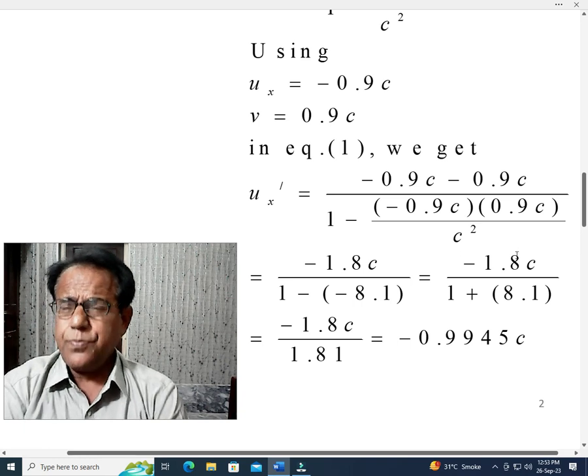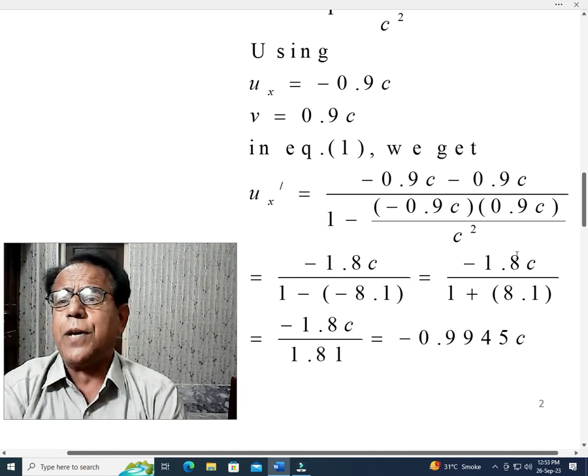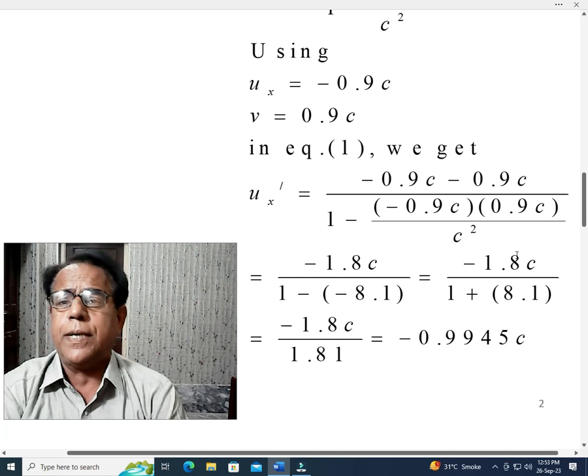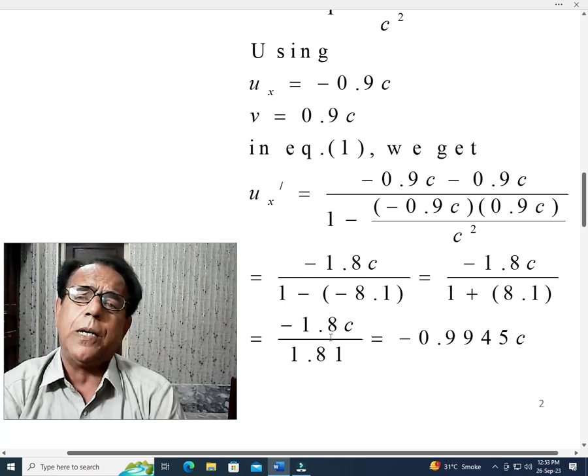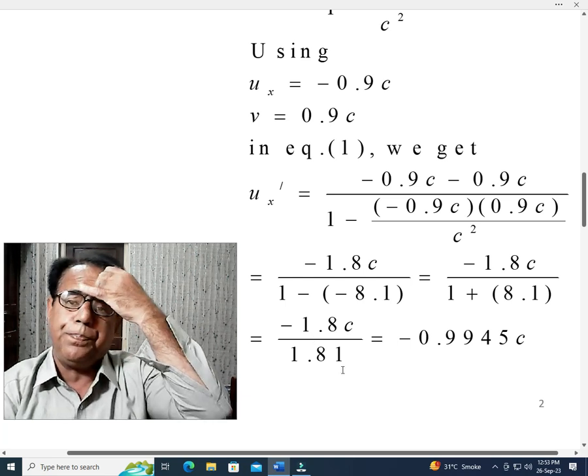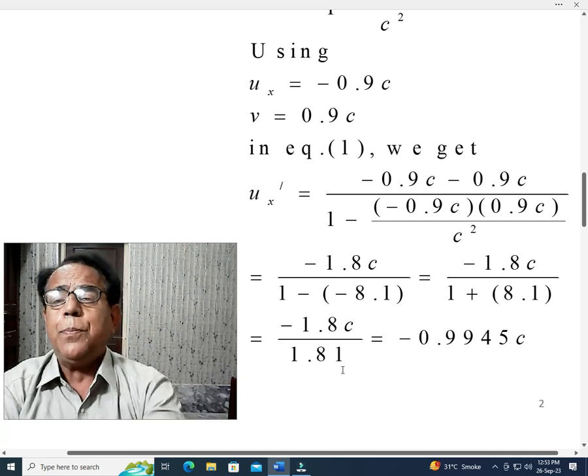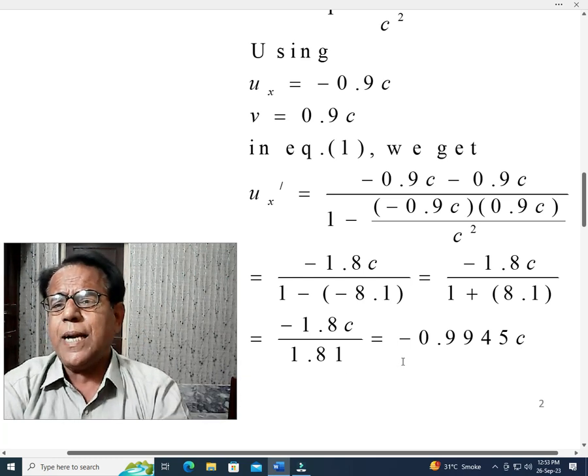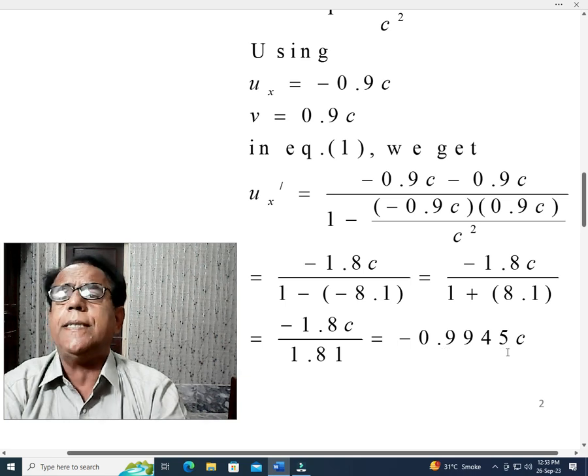So minus 1.8 c over 1 plus 0.81, this becomes equal to minus 1.8 c over 1.81, which is approximately 0.9945 c.